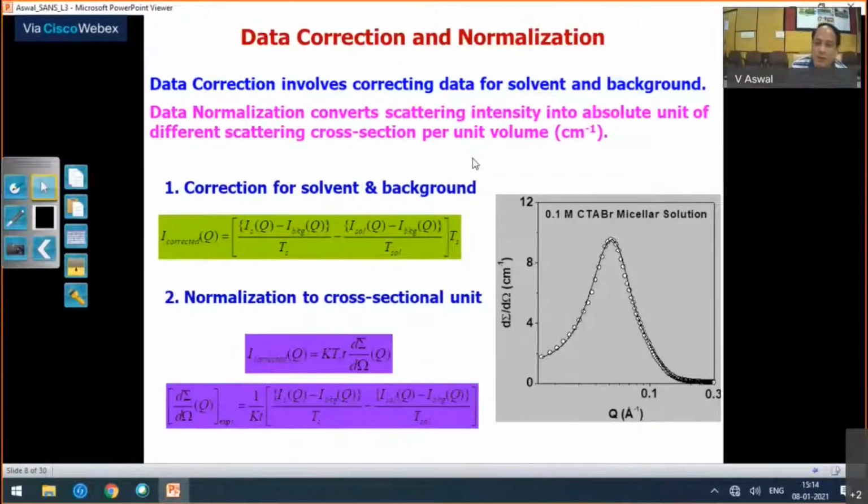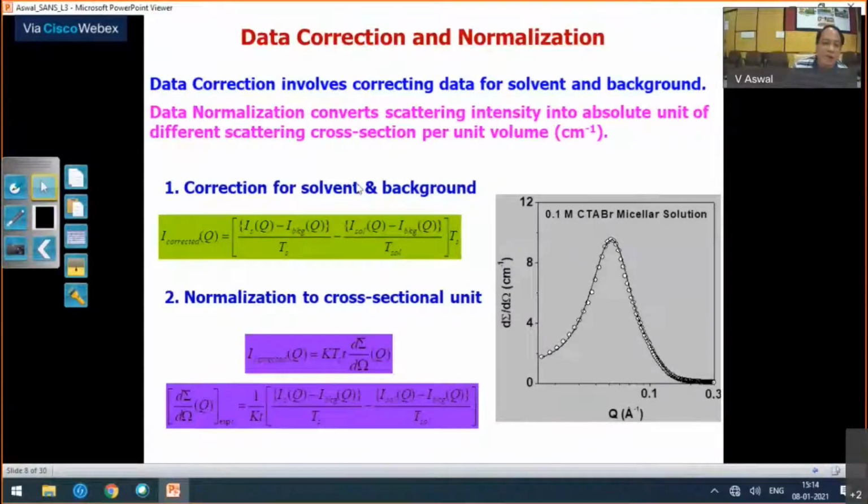So you should correct your scattering from the sample, first for transmission, and second for the background. So basically, whenever you have scattering from the sample, you will also make two additional measurements. One will be from the medium or the solvent itself, and the third will be the background.